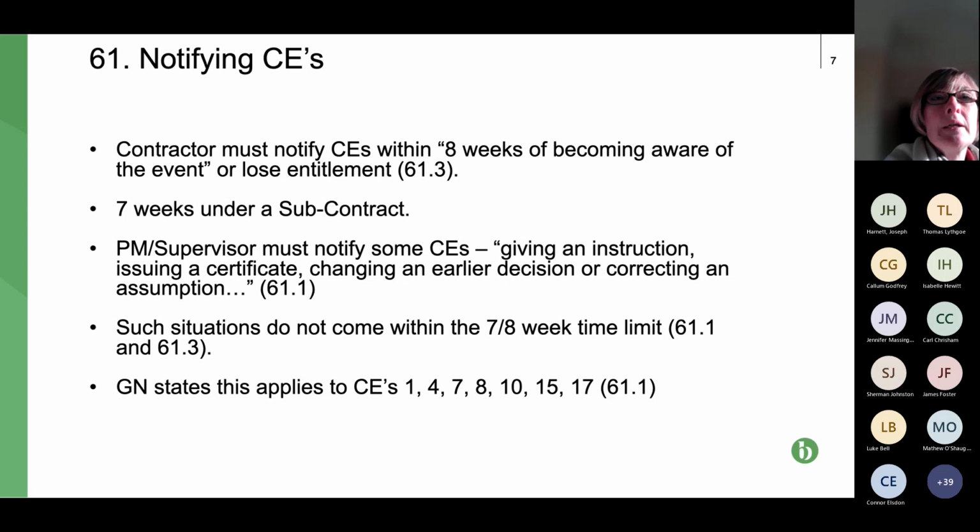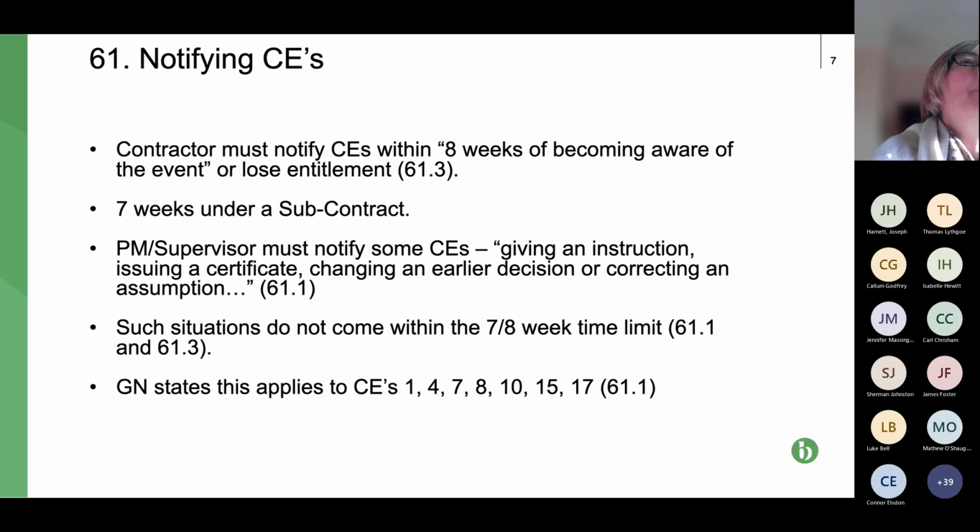I mean, for a start, if you just as a matter of policy notify compensation events, it means you're saving time probably in some respects, because you're not constantly checking which ones contractor notifies, which ones PM or supervisor notifies.